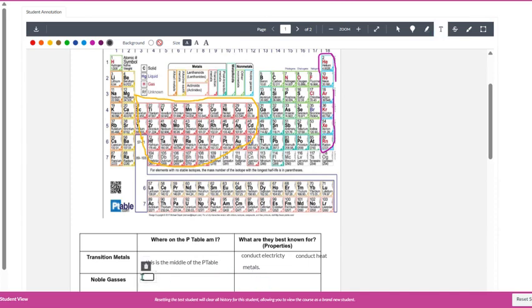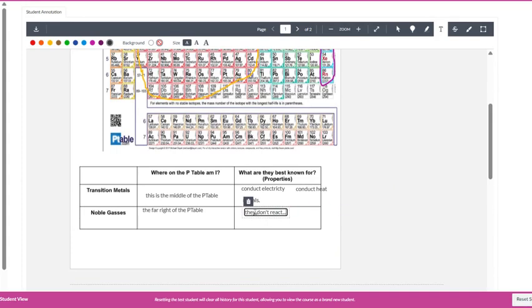So right here it says, where on the periodic table am I? This is the far right of the periodic table. What are they best known for? They don't react. In my example where I said we really want to go and form bonds and share electrons, these guys don't. Why? They have a full set of valence electrons, a full shell of valence electrons.